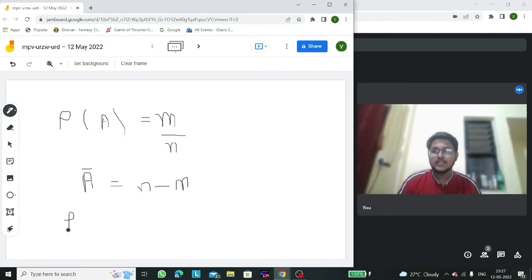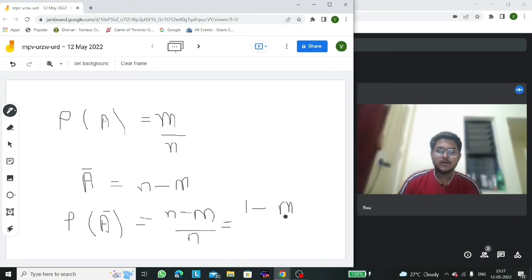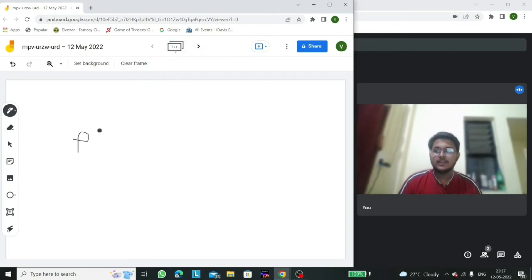So, the probability of not happening of event A can be written as n minus m upon total outcomes, that is n, which also means 1 minus m upon n. As we all know, m upon n is the probability of happening of event A. So this tells us that probability of not happening of event A is equal to 1 minus probability of happening of event A.